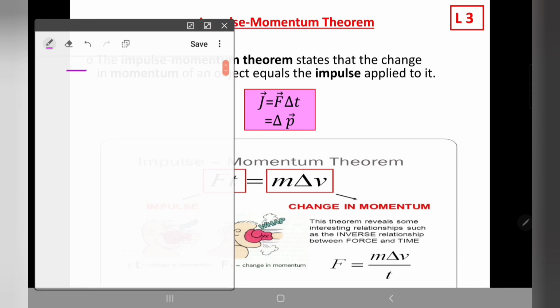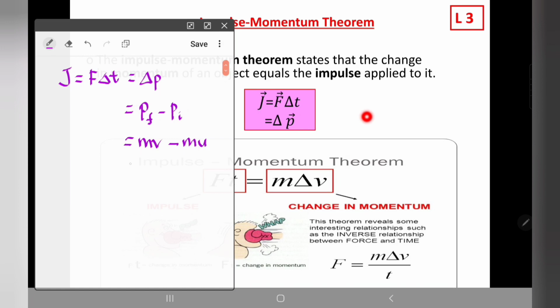As we know, impulse is J, J equals F delta T, still equal to the change in momentum, which is delta P. The change in momentum, delta P, equals P final minus P initial, where P final equals mv, while P initial equals mu.